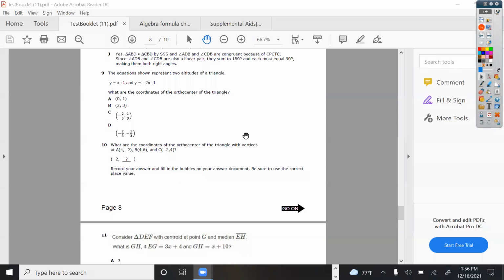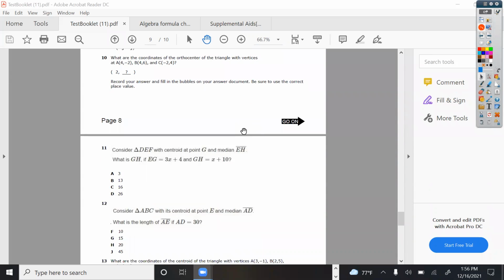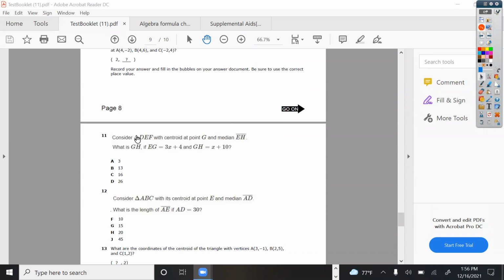Okay, we're on question 11 now. Consider a triangle DEF with a centroid at G and the median of EH. What is GH if EG is 3x plus 4 and GH is x plus 10?